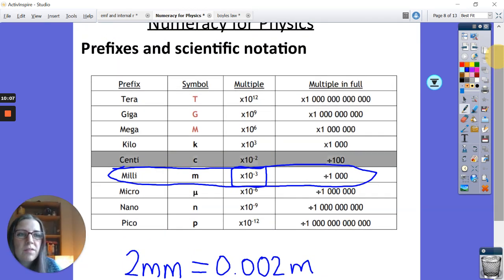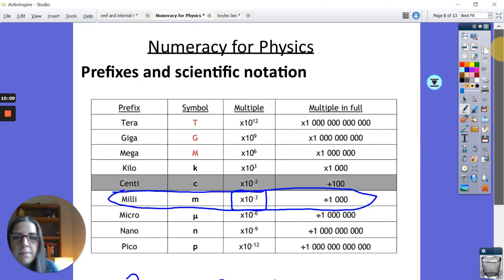This table shows the ones that you need to know for your National 5 physics. The highlighted one in the middle is a wee bit different to the other ones. If you notice centi, centi is times 10 to the minus 2 because there are 100 centimetres in a metre. To get 1 centimetre written in metres, you would divide it by 100, 0.01 metres.